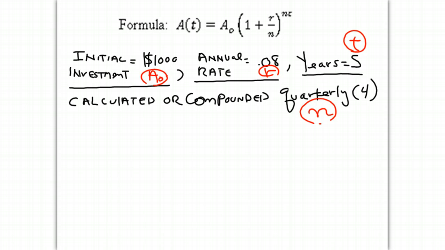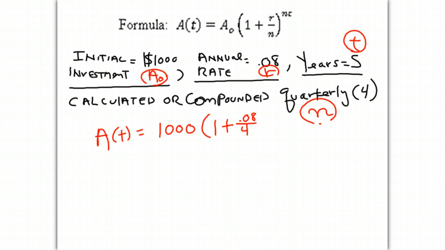Okay, so let's do the problem. So all we have to do is substitute into the original formula. And what we have here is our A sub T is equal to $1,000 times 1 plus the rate, which is 0.08, divided by N, which is our 4, because it's quarterly.